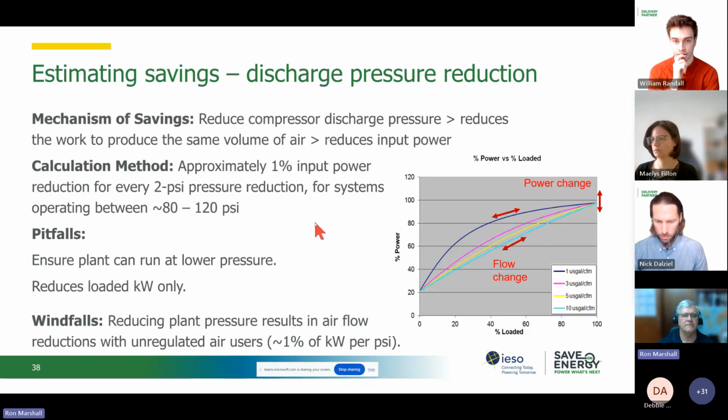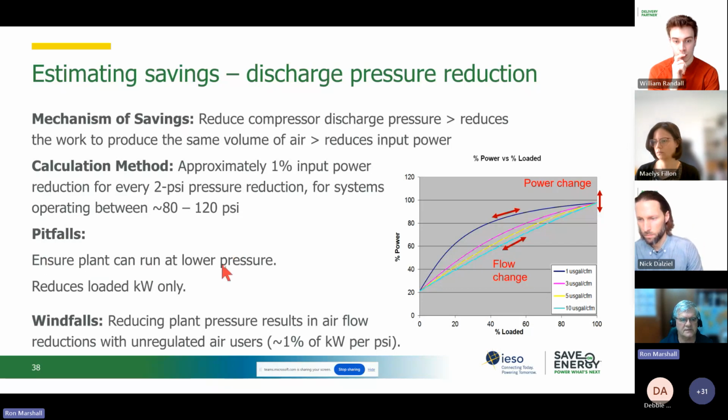It's kind of a rule of thumb. There's more accurate ways to estimate, if you dig into the engineering calculations, but very easy to remember. So with the reduction in pressure, it reduces the input power of the compressors for the same CFM output, right?